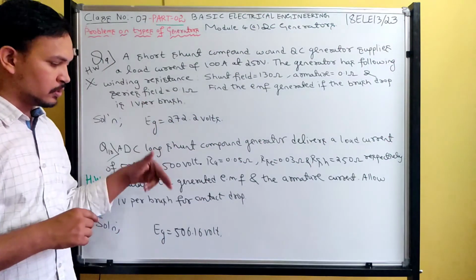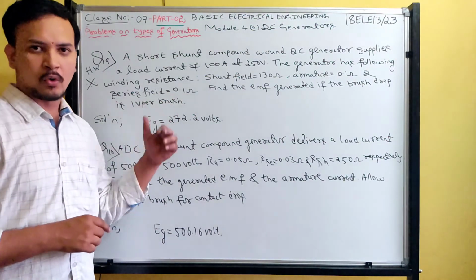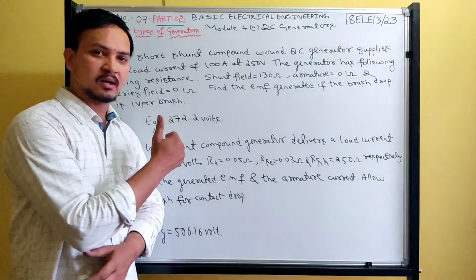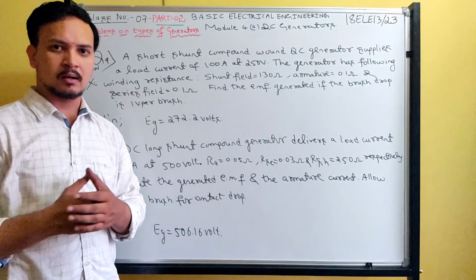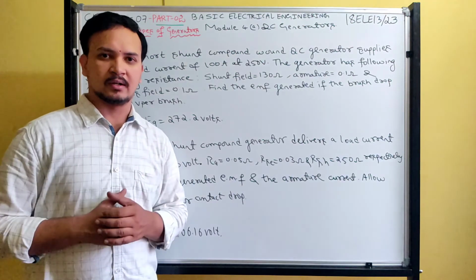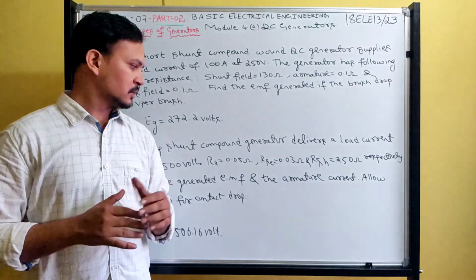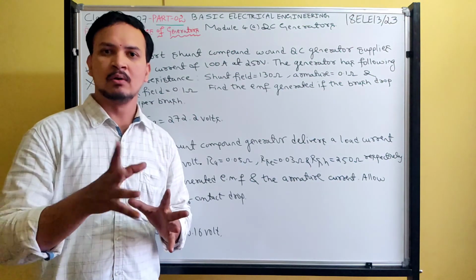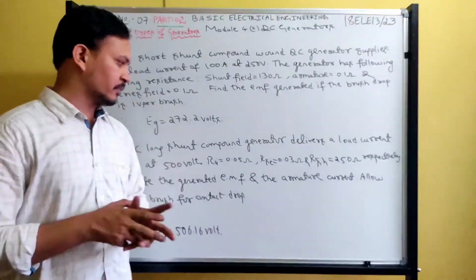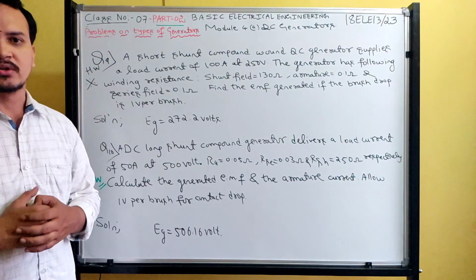Later I gave 2 problems for homework. Just give a try for these 2 problems, and the solution is also available in the notes. Just go through that. If you don't get the solution, you can ask me on WhatsApp. I will interact with the respective student to give the solution for these 2 questions.